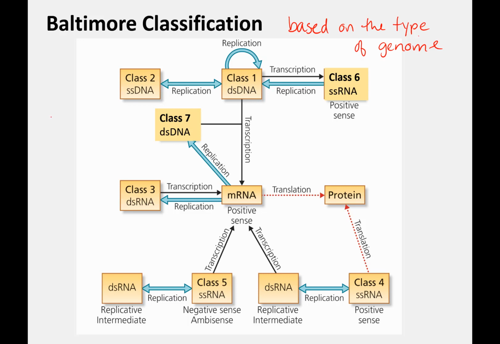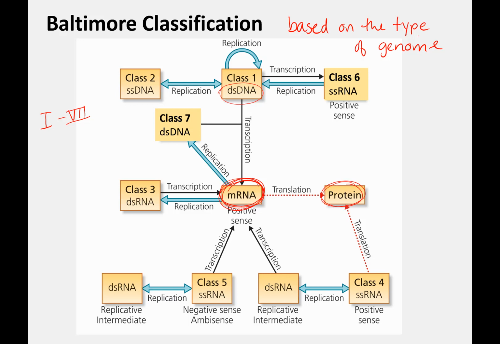So there's 7 classes, class 1 through 7. And the idea is, how do they get to mRNA? Because mRNA is what's translated to protein. Protein produces your viral proteins that allow for the next cycle to happen, right? So it allows to make a new virus.